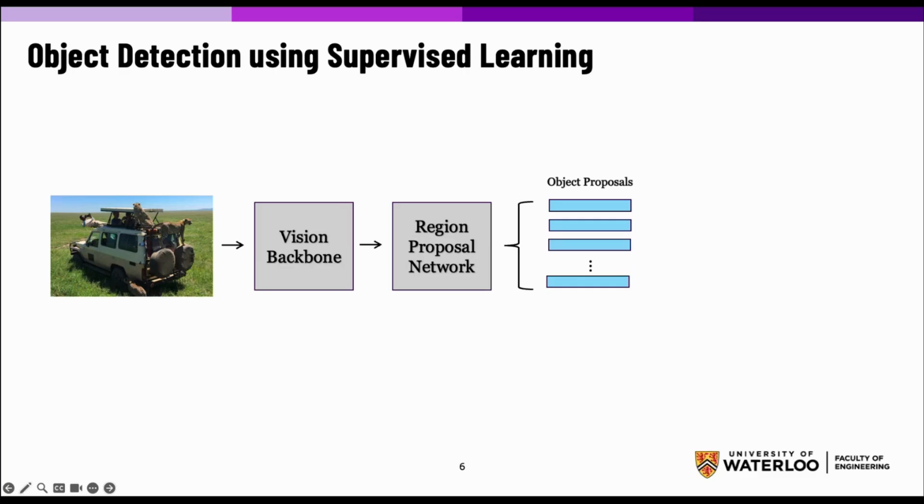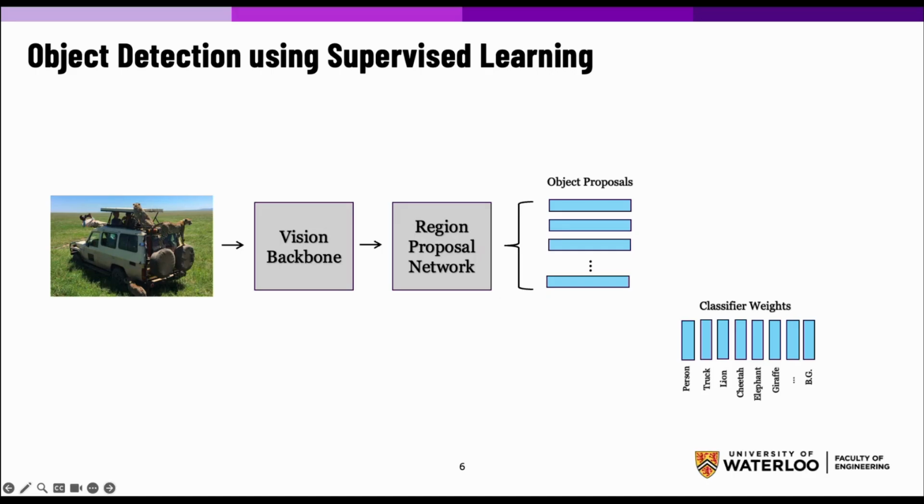These object proposals usually encode latent information about where objects are and what the class is. For example, one of these features may correspond to this human, and it will tell you where precisely the corners of the bounding box are and the fact that it's a human, right?